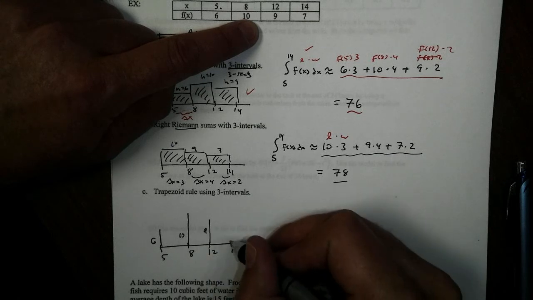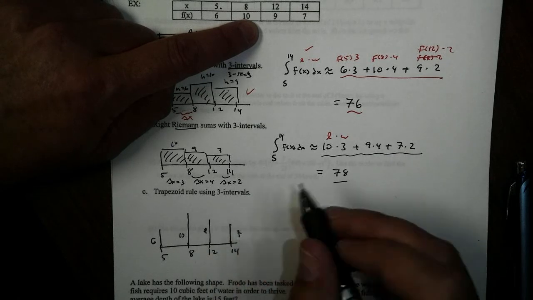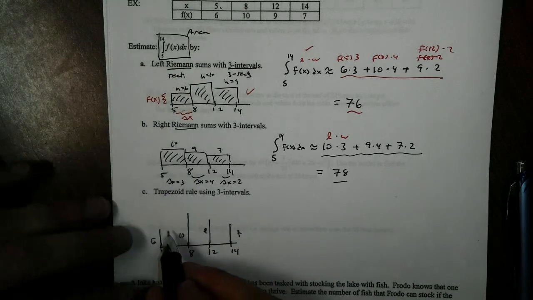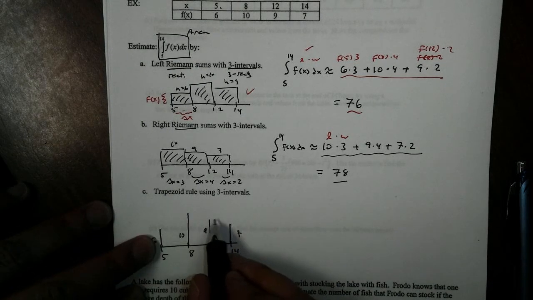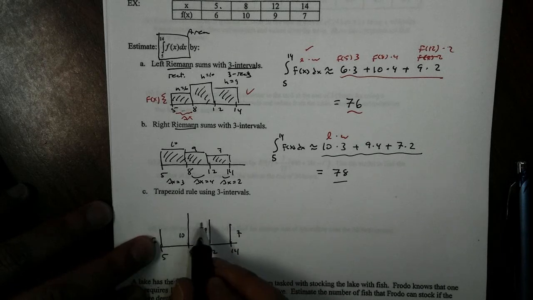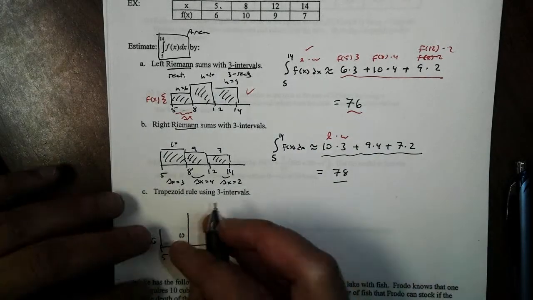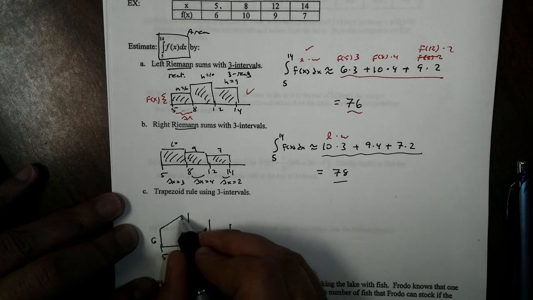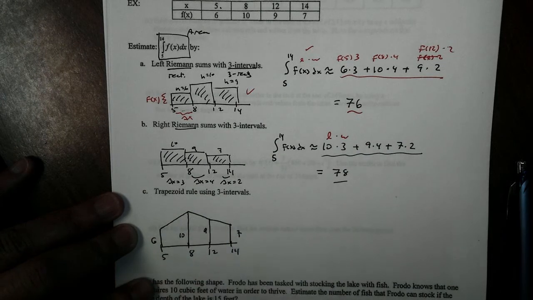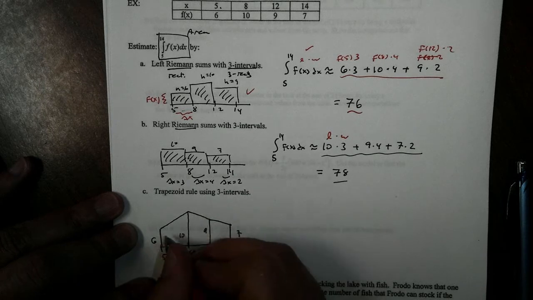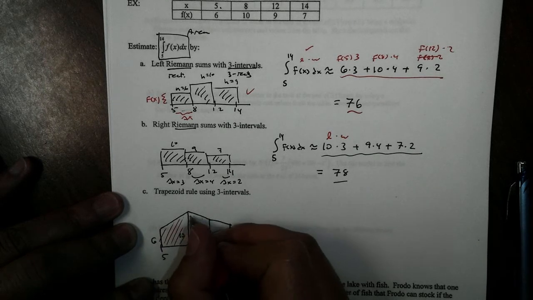And of course 14 has a height of 7. Not to scale. But this time, instead of using a left-hand sum or a right-hand sum and getting those big errors, we're just going to connect them and make trapezoids out of them, like so. And now we can find their areas.